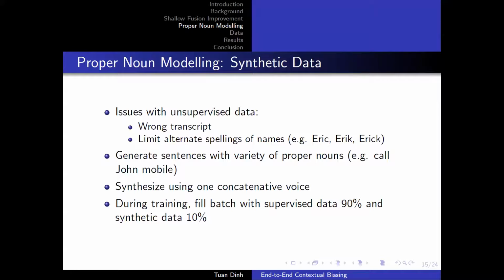So we generate sentences with a variety of proper nouns, for example, call John mobile. Then we synthesize them using a concatenated voice. During training, we fill the batch with 90% supervised data and 10% synthetic data.